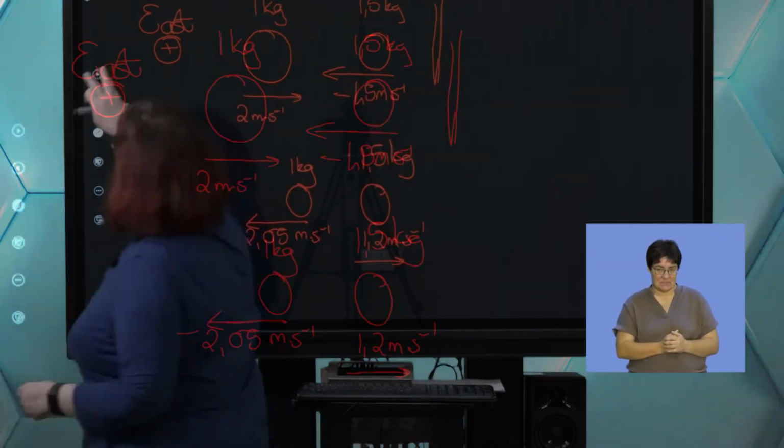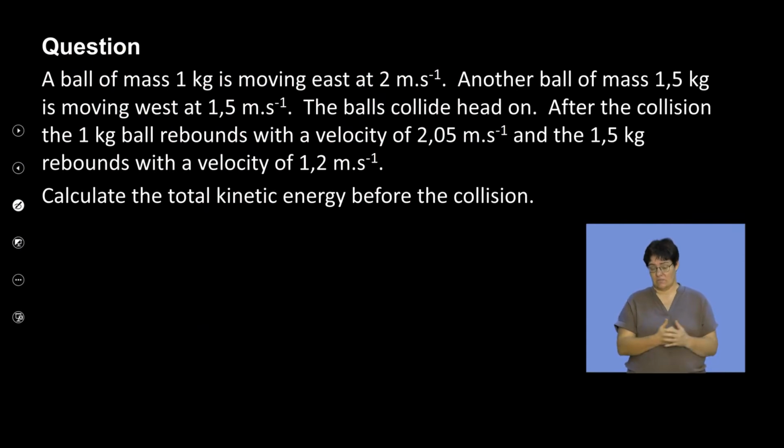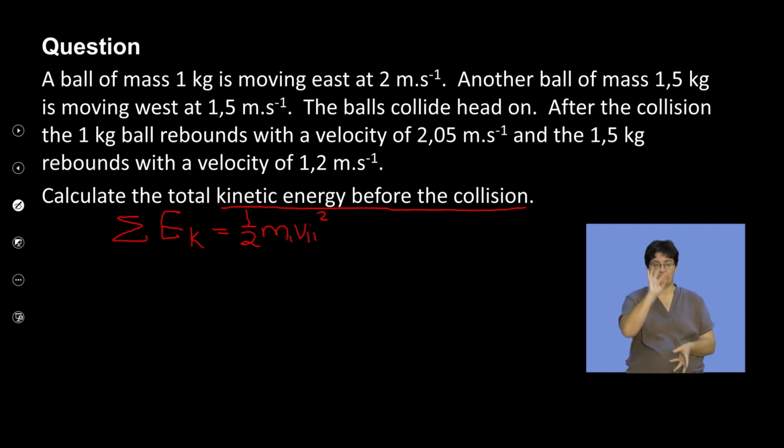Now, the question says, calculate the kinetic energy before the collision. We're leading you a little bit. Before the collision, the sum of the kinetic energy is going to be a half times the first ball's mass times its initial velocity squared, plus a half times the second ball's mass times the second ball's initial velocity squared.